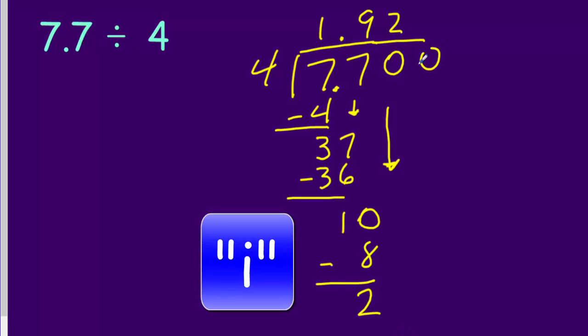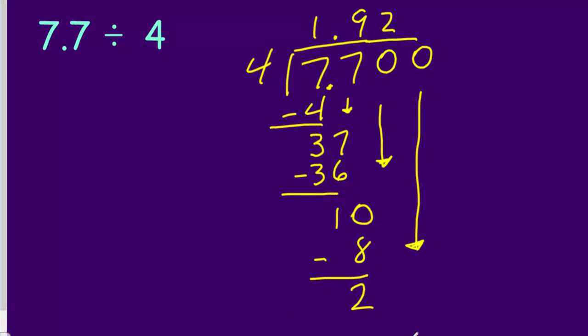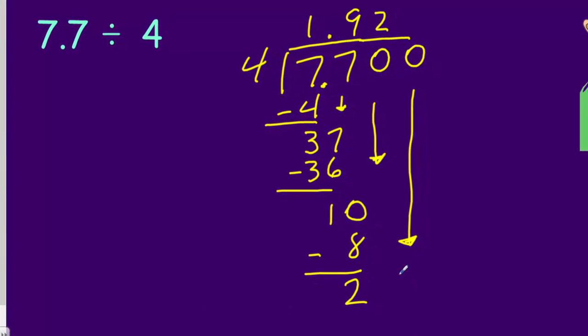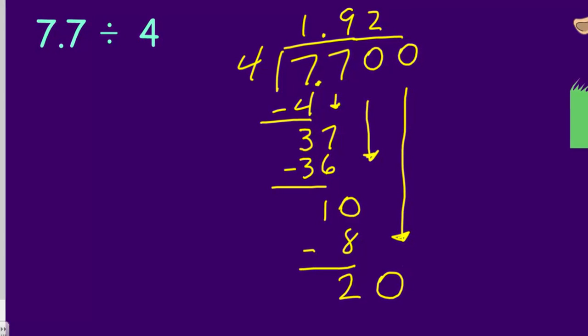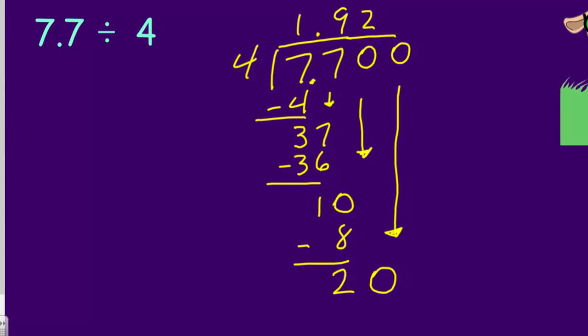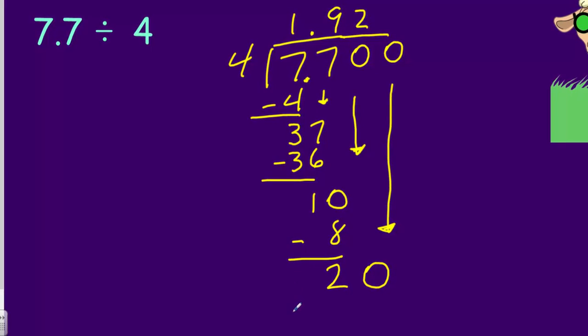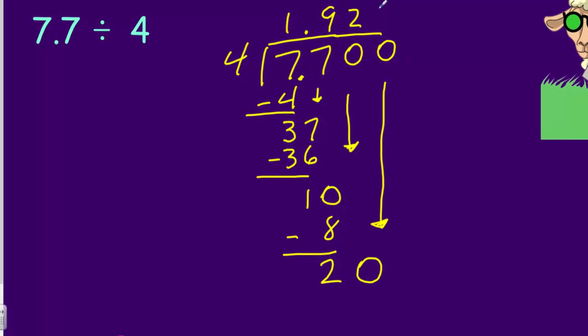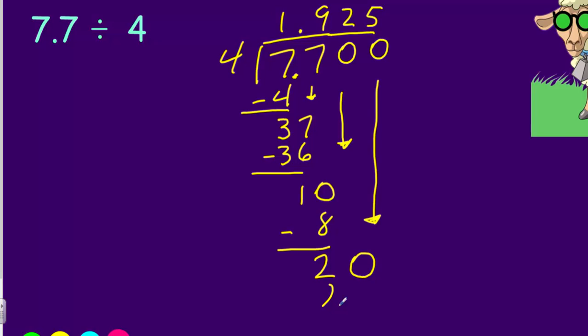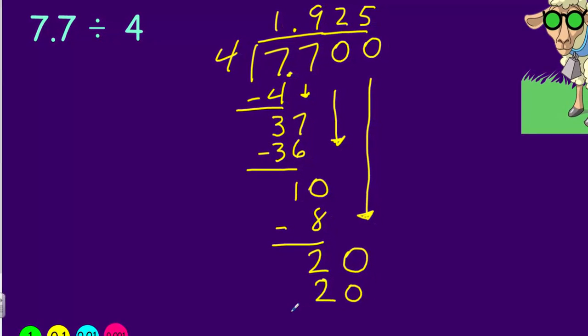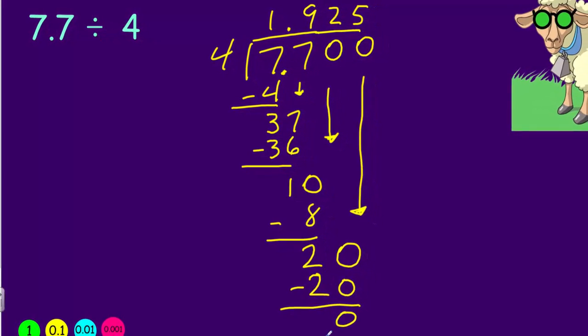So I'm going to put my 0 up there because I'm not changing the value. I'm just unbundling my 2 hundredths and making them 20 thousandths. And with 20 thousandths, I can share those equally by putting 5 in each group. And now there are no more thousandths left over. And I subtract and I get 0.